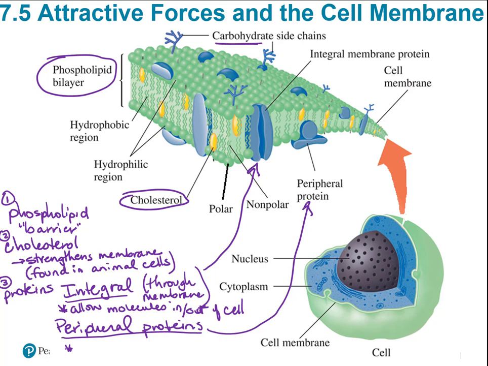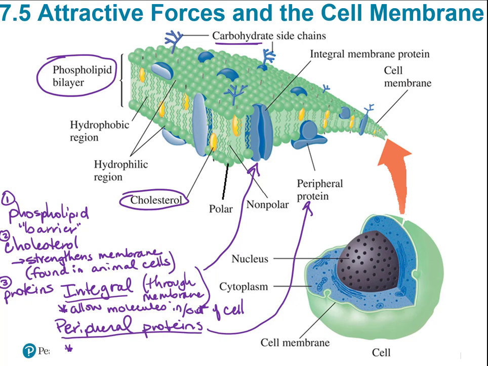So we were talking about carbohydrates that are found on cells, and those act as an identifier for the cell. And so sometimes you can't give these cells to other people because they won't match. You're talking about the blood type?